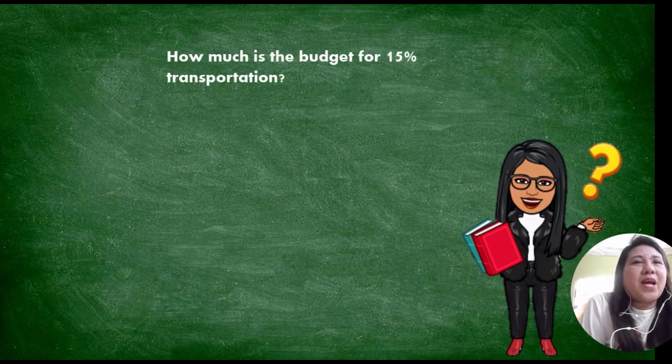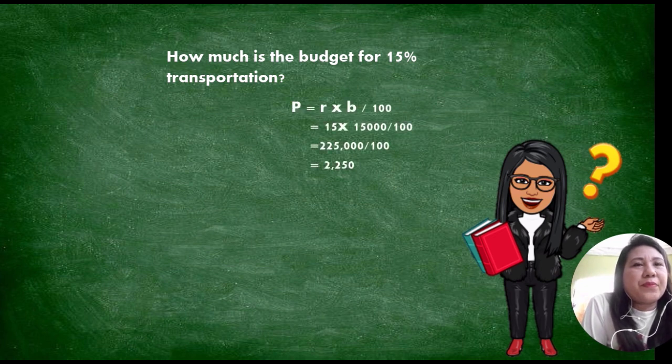Next, how much is the budget for 15% transportation? So given are 15% and 15,000. Again, we use the formula P is equal to R times B divided by 100.